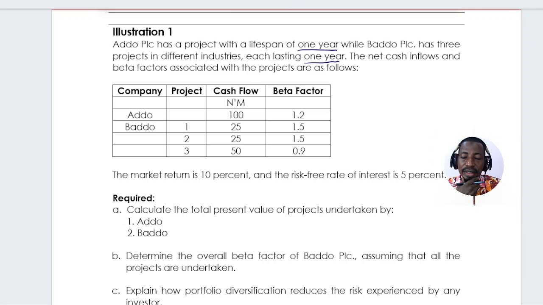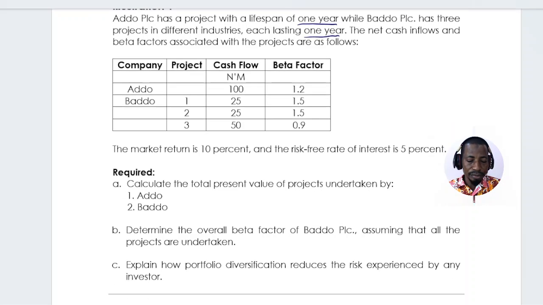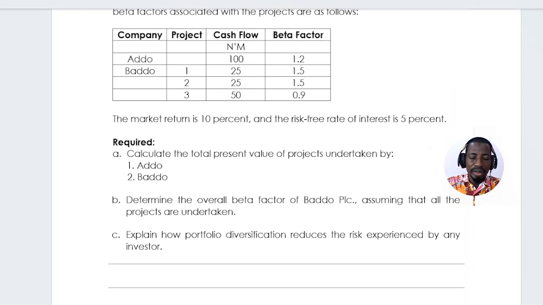The net cash inflows and beta factors associated with the projects are as follows. We are given information on the companies, the projects, cash flows, and beta factor of individual projects in the portfolio. The market return is 10%.